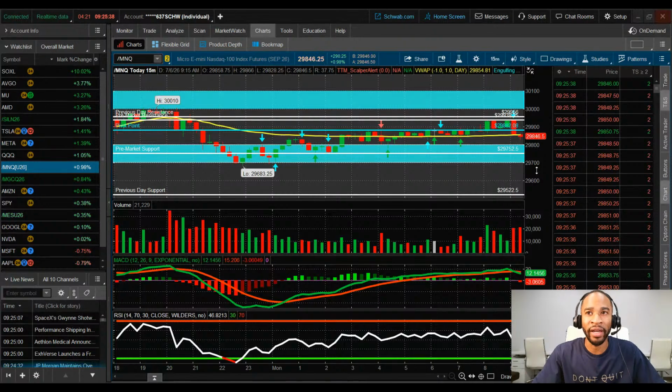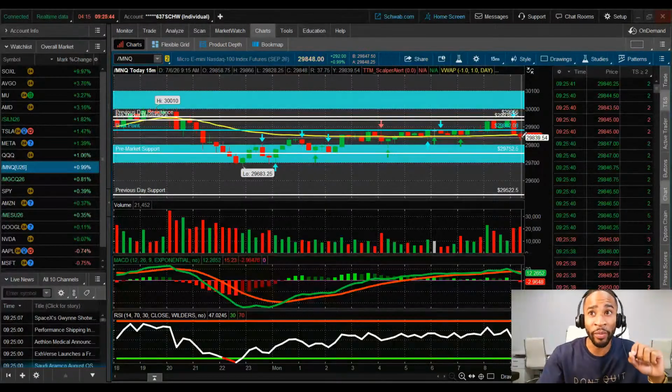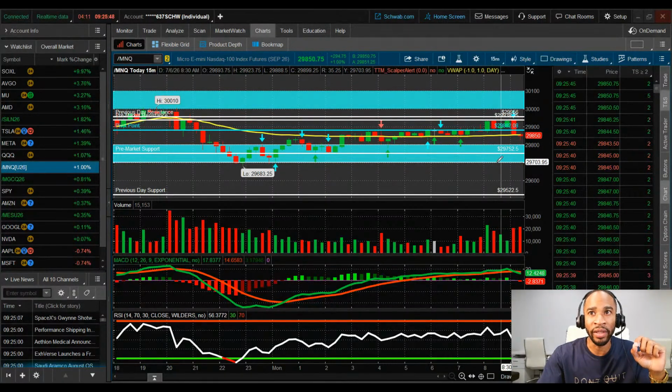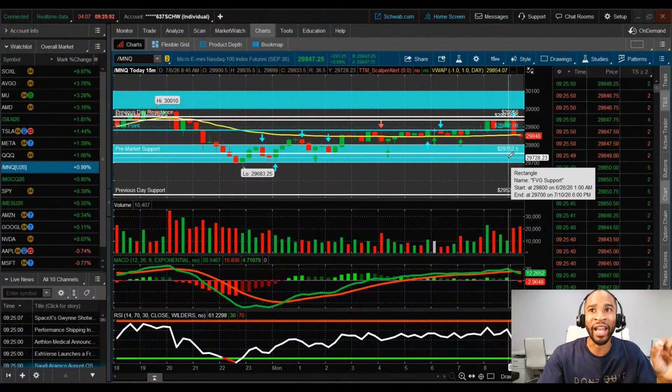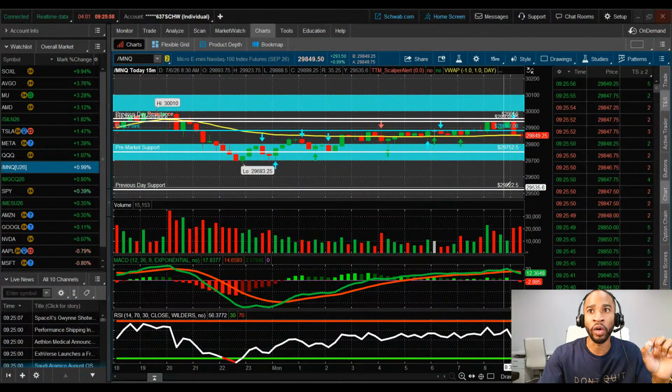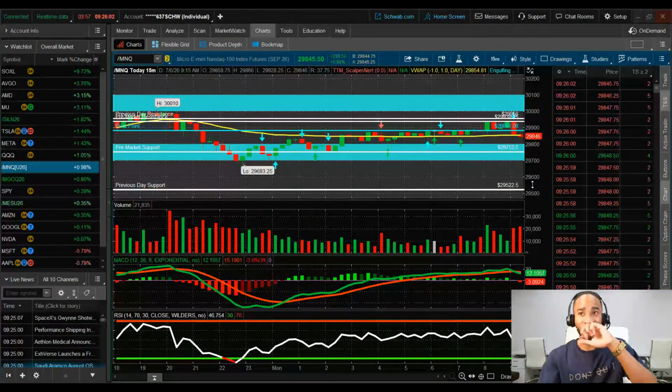So we're located near the point of interest at the moment, which is VWAP, this yellow line. Now, if we start dropping below this yellow indicator, we're possibly going to hit down here. Let's say, for example, if we start dropping below this light blue zone, that's a key market structure for us. We may hit down here towards $29,522.50.